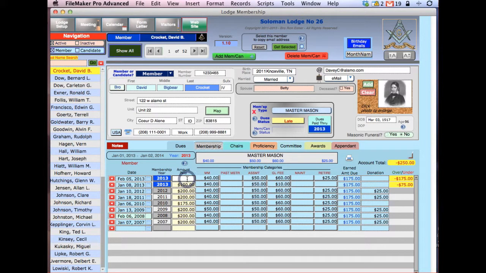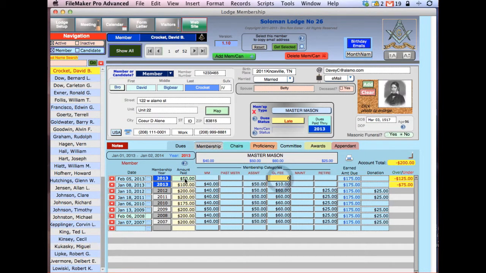So now it's February, and he's going to make his payment of $50. The program errs in assuming that it's trying to do a normal distribution as it did with regular dues. But you can quickly tell by looking and seeing that the $40 has been allocated for 2013 here, and $50 has been allocated here, and only 10 of the 60 has been allocated in the previous period.